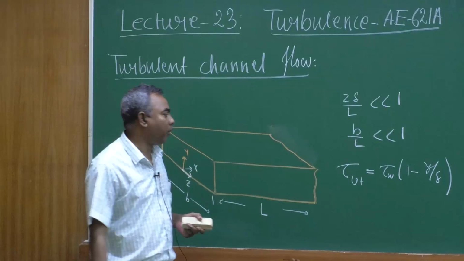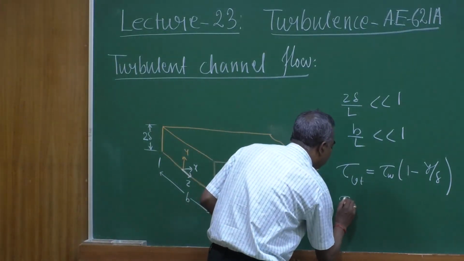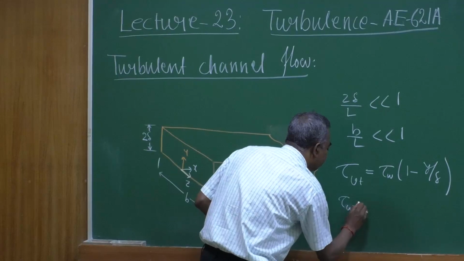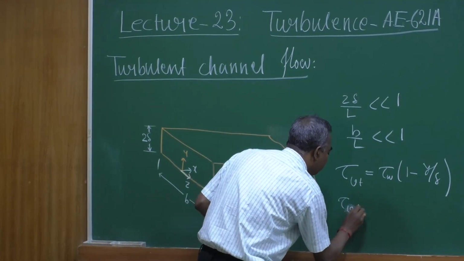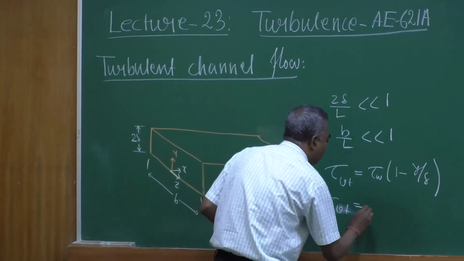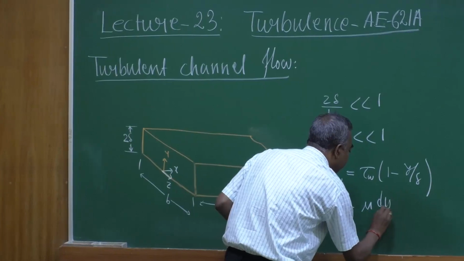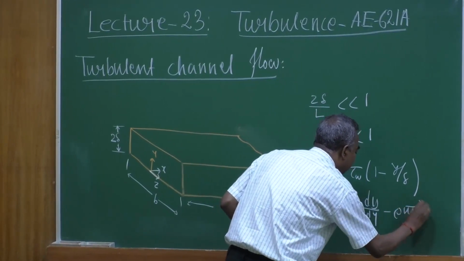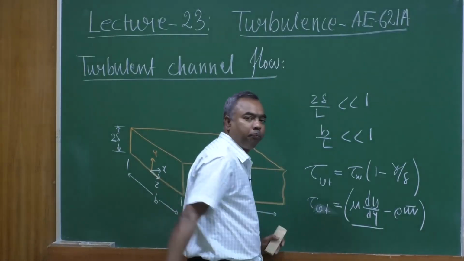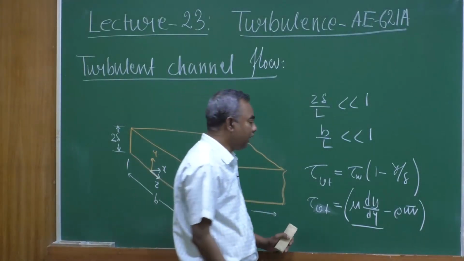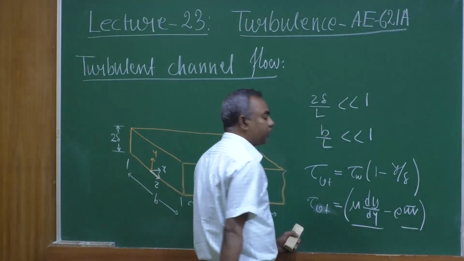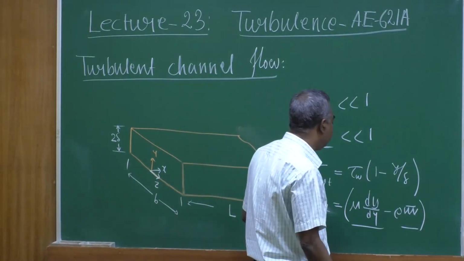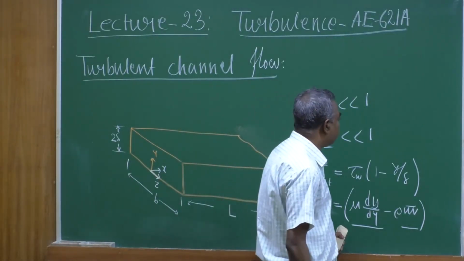This is what we have got, where tau t equals mu du/dy minus rho u'v', right. So, this part is the viscous shear stress and this part is the Reynolds shear stress. Okay. So, tau t is the summation of these two shear stresses.